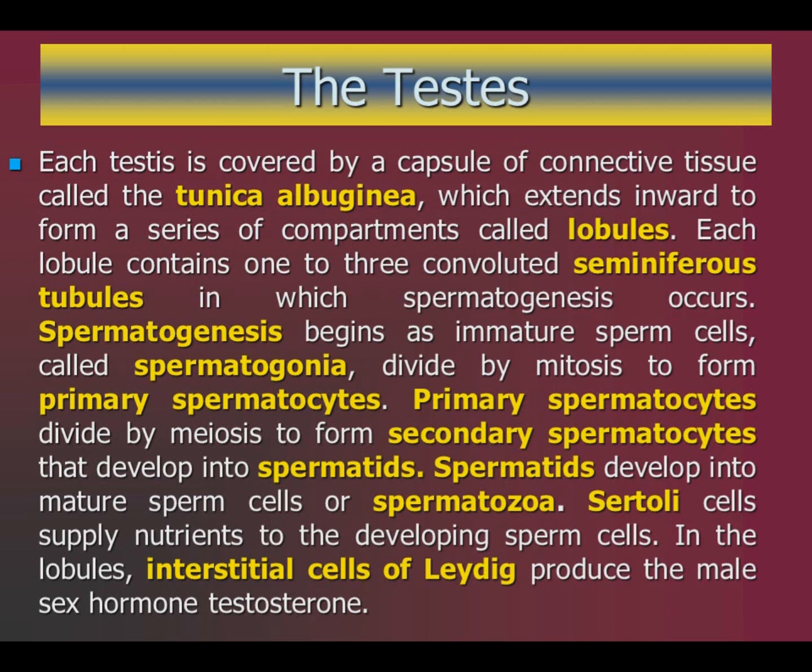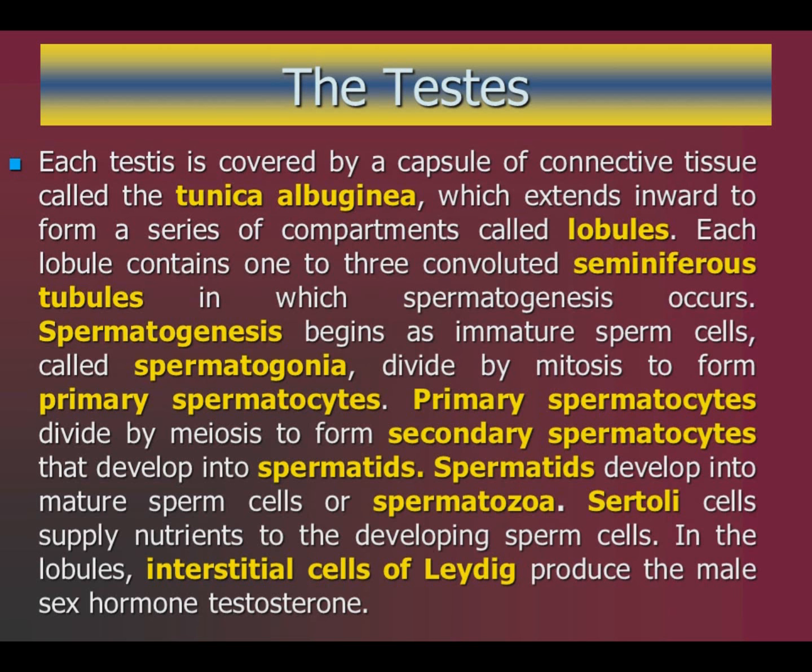Found among the developing sperm cells in the seminiferous tubules are the Sertoli cells. They produce secretions that supply nutrients for the developing sperm cells, or spermatozoa. In the lobules of the testes, between the seminiferous tubules in the soft connective tissue, are clusters of interstitial cells of Leydig.